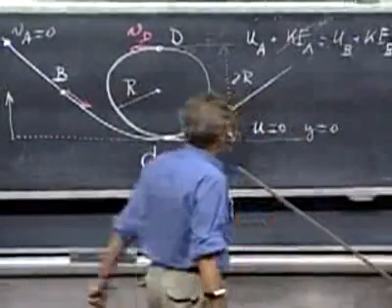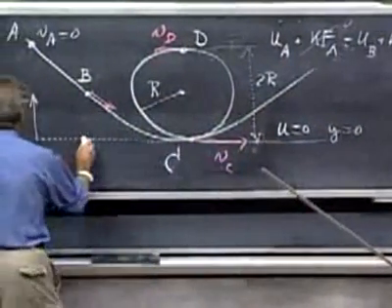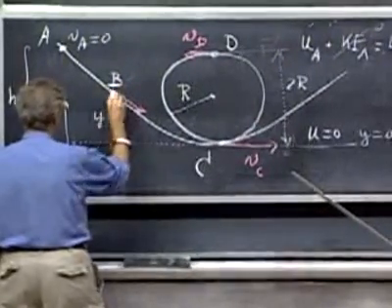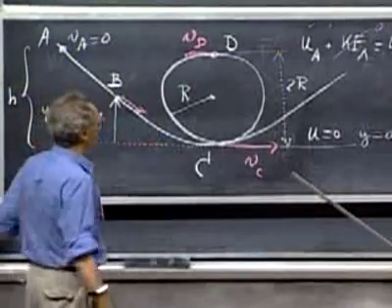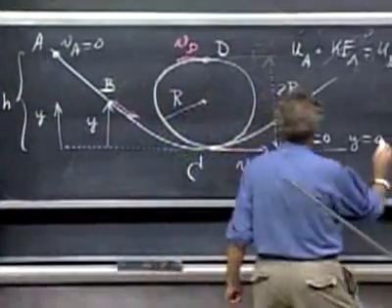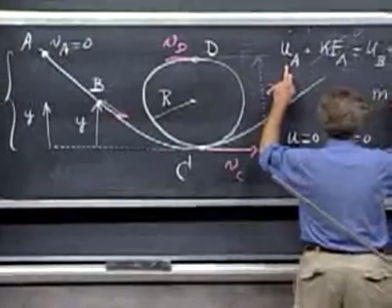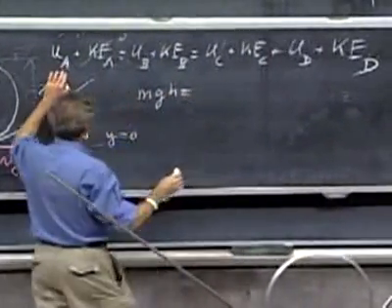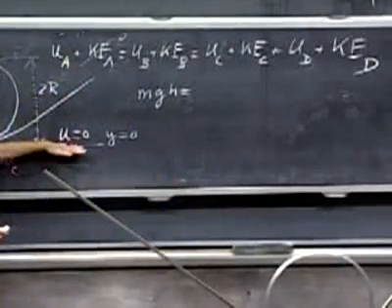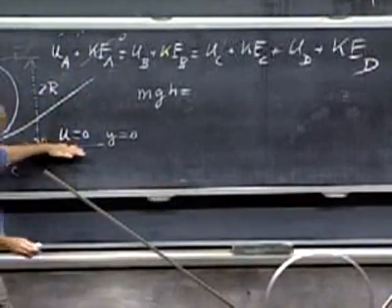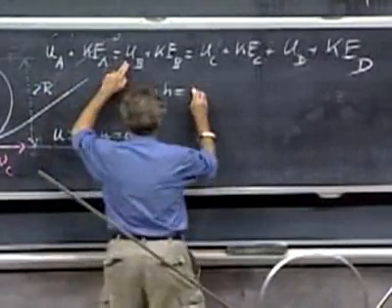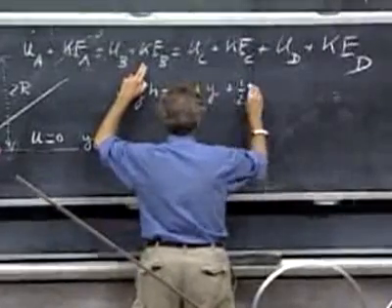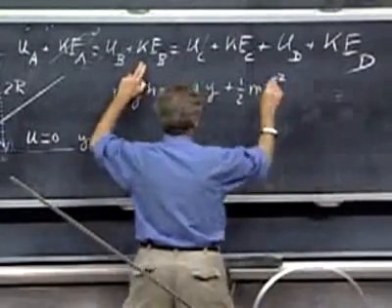And so now I can write this in general terms of y. Take this point B, think of that being at a location y above the 0 line. Then I can write down now that U_A, which is mgh, that was a given when I started, that was all the energy I had, that was my total mechanical energy. If I call this U0, which is a free choice I have, it equals U of B, which is now mgy, plus 1/2 m v squared at that position y.